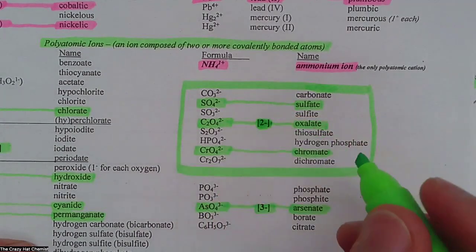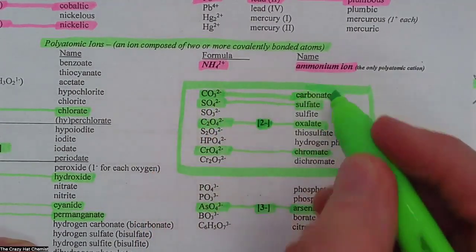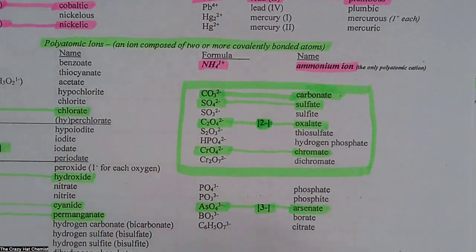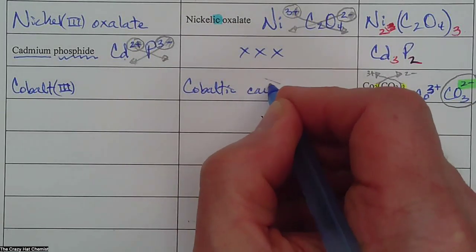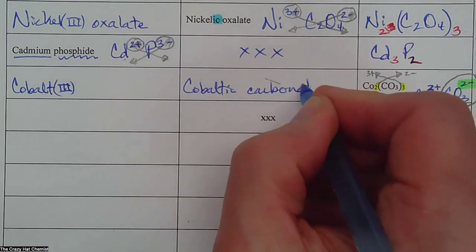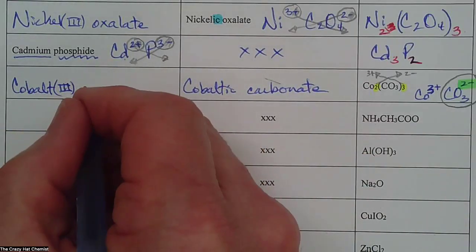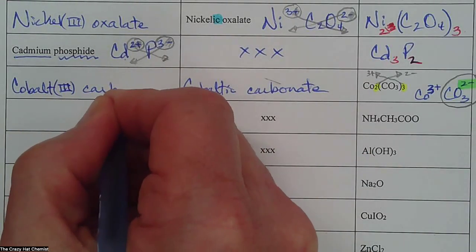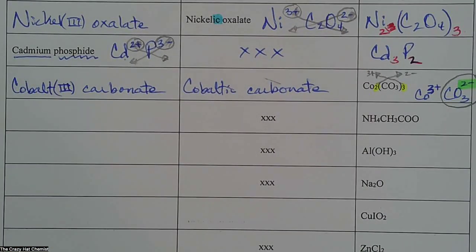I'm looking in the 2 minus category. I'm going to find CO3 with a 2 minus, and that is called carbonate. It's that simple. So CO3 2 minus is carbonate. So it's cobaltic carbonate or cobalt Roman numeral 3 carbonate. Perfect. That is our next one.